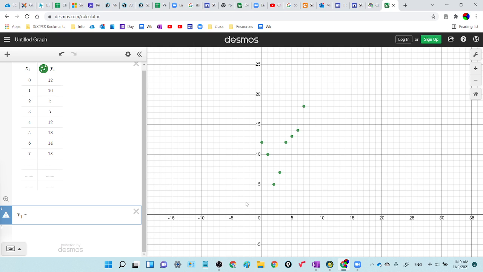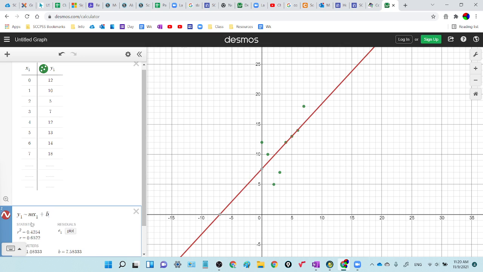So you use Y1, output from the table values you created, and Y1 is approximately equal to, and I'm going to use slope formula for M, okay? M is the notation for the slope, and I'm going to use X1. I just type X and 1, and then automatically it will be a subscript, okay? X1 plus B, right? I need B.